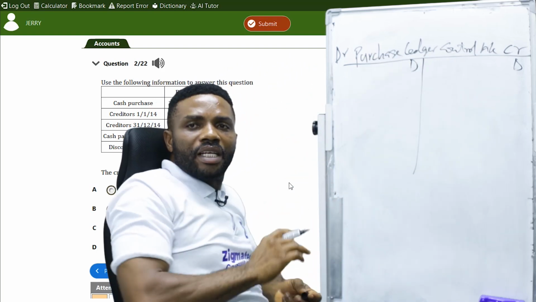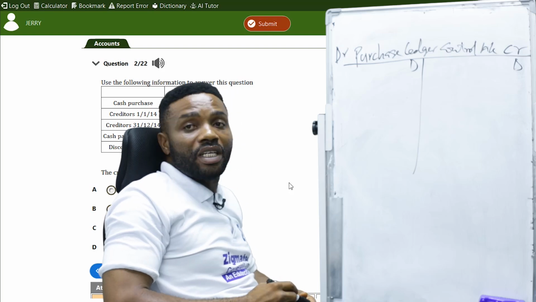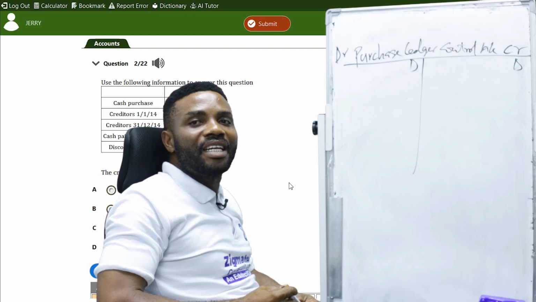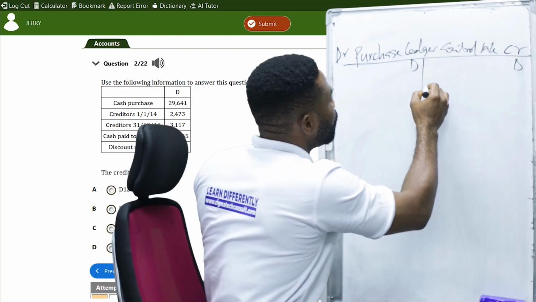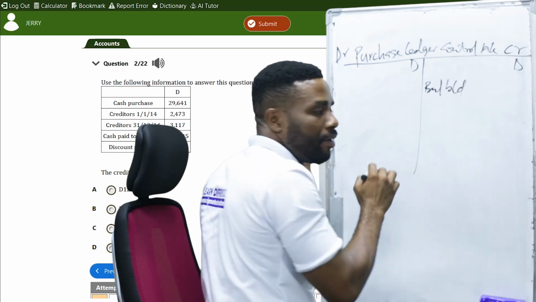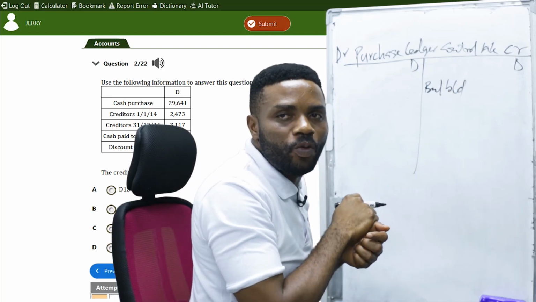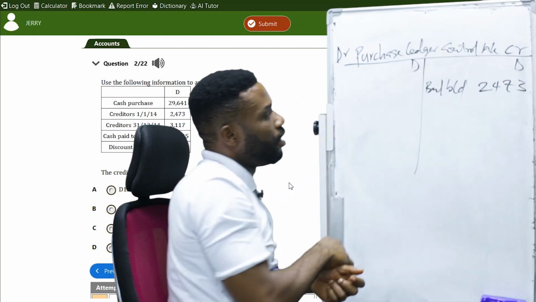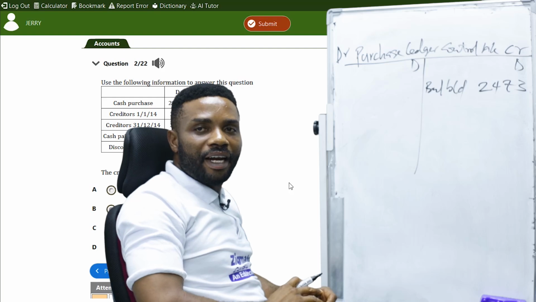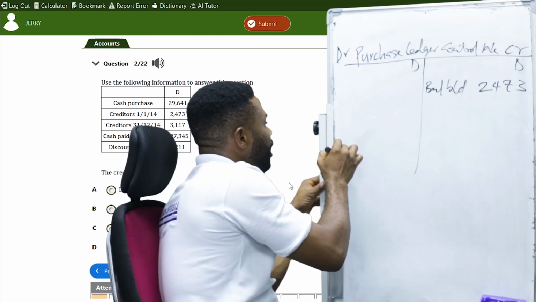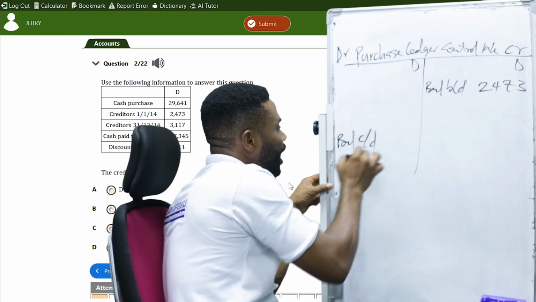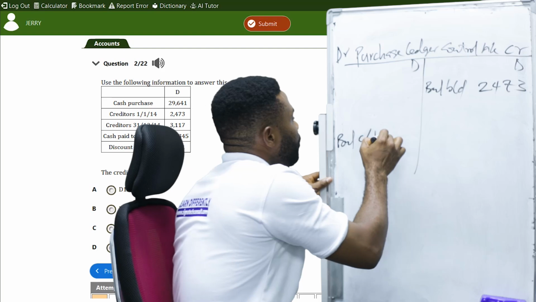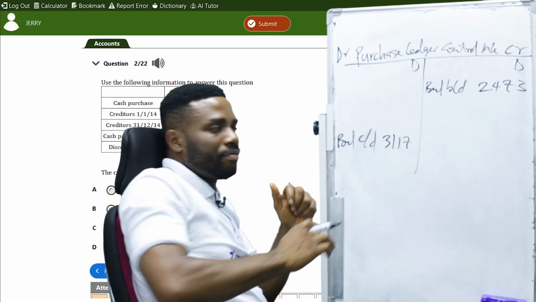All right, let's go. Credit purchase, like cash purchase, has nothing to do with us. That one is just on its own. Then creditors at the beginning of the month is always your balance brought down, so your balance brought down here is 2,473. Then creditors at the end will always be your balance carried down, which is 3,117.